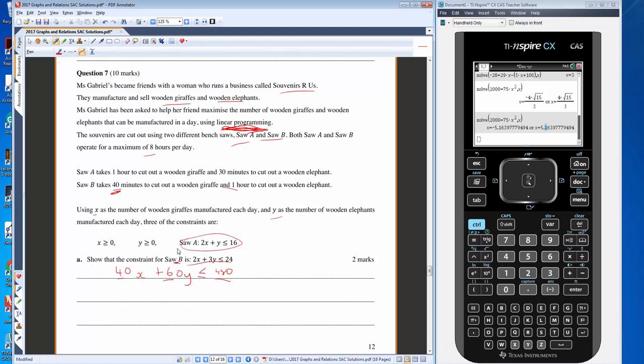Now what we're going to do is divide by 10, 4x plus 6y less than 48, and let's halve these, 2x plus 3y less than 24. Whoops, that shouldn't be less than or equal to. Oh no, it should be. Yep, it should. Sorry, my bad. Alright, so that was the show that question.